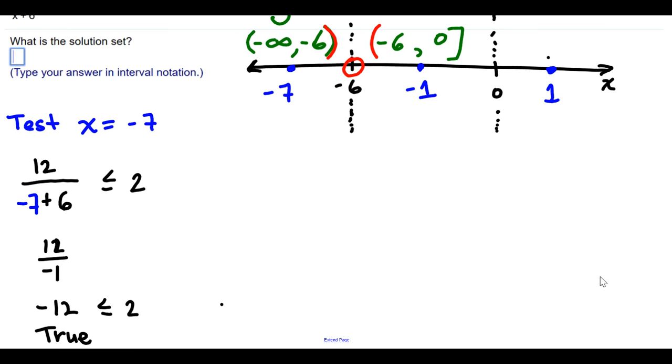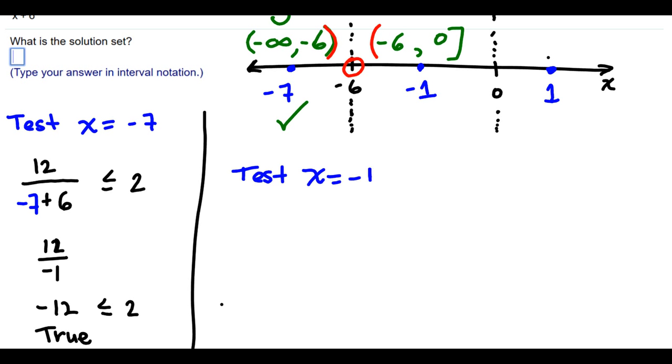Okay, and we can go ahead now and test the next one over. So we've already tested this one and it worked out well. We're going to test the next value, x equals -1. So now, testing x equals -1.